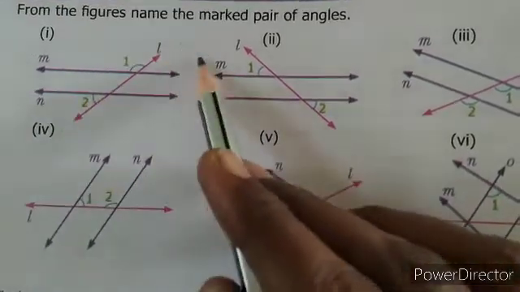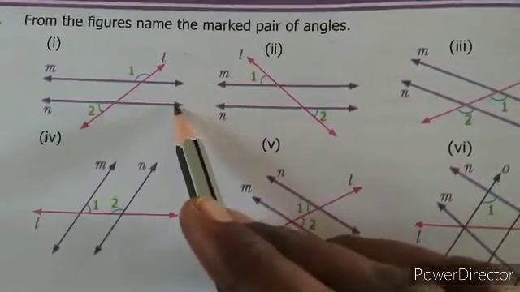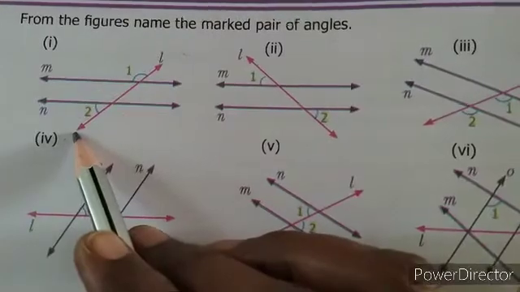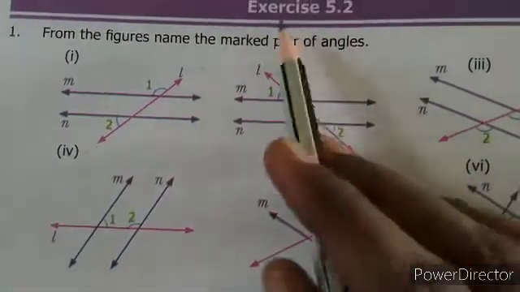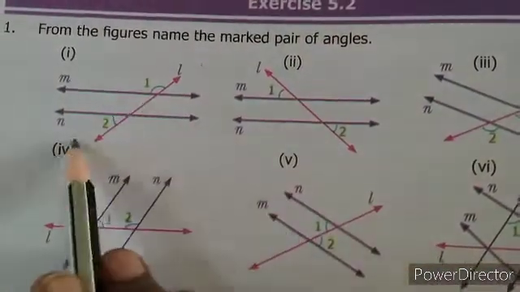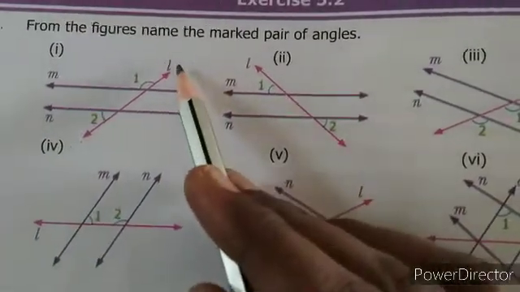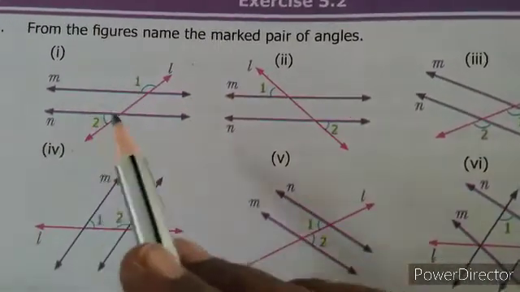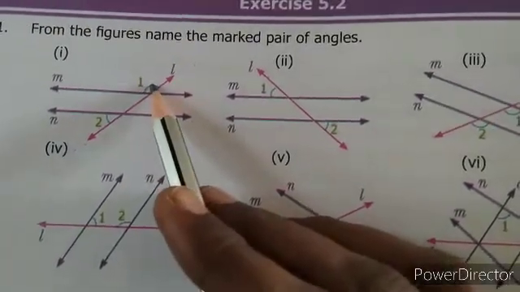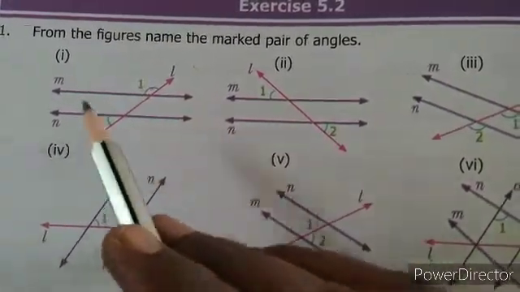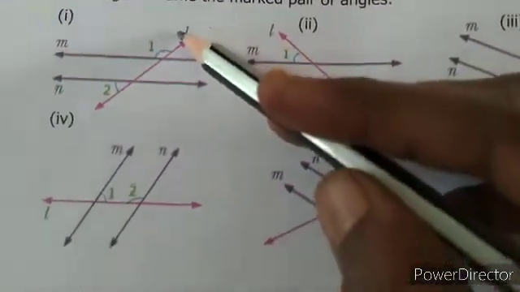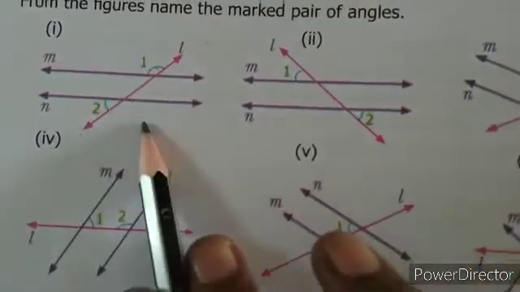M and N are parallel lines and L is a transversal. In your classwork, you have to copy this figure and write that M and N are parallel lines and L is the transversal. Now the answer: angle 1 and angle 2 are exterior angles on the same side of the transversal.